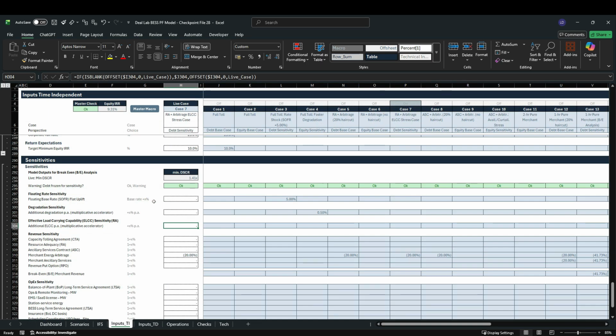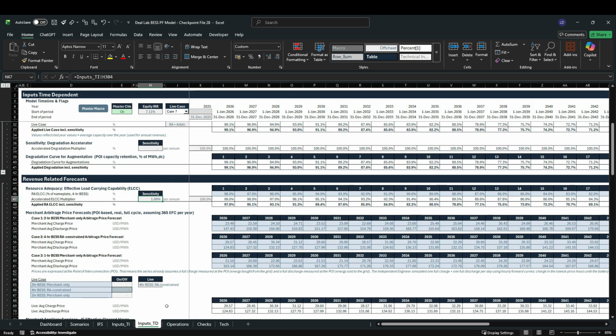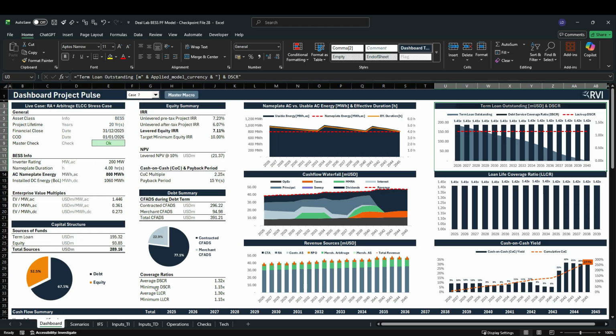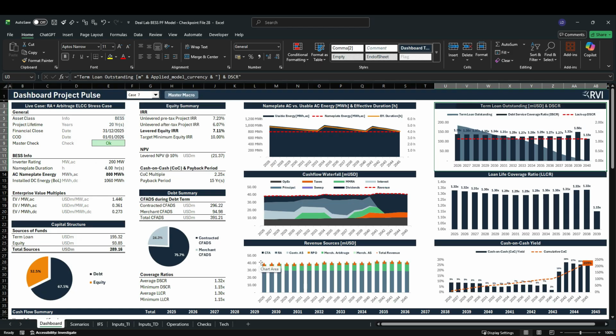So if we jump back to our inputs time independent sheet, here we will add 1%. Let's move back to the inputs time dependent sheet. And you will notice that our applied ELCC, including our sensitivity, is now declining even faster than our original ELCC. And let's move to the dashboard and see what that looks like.